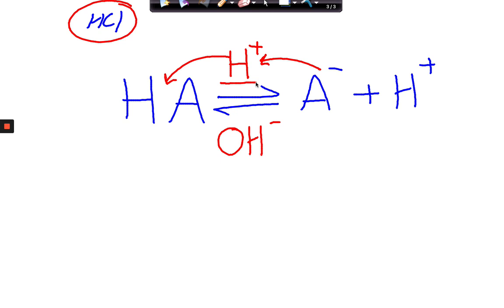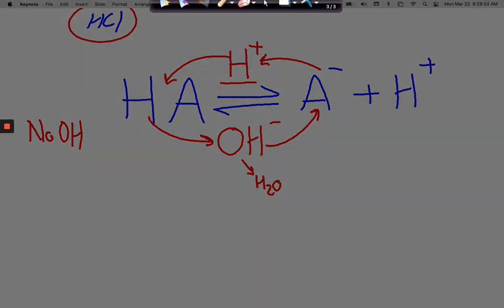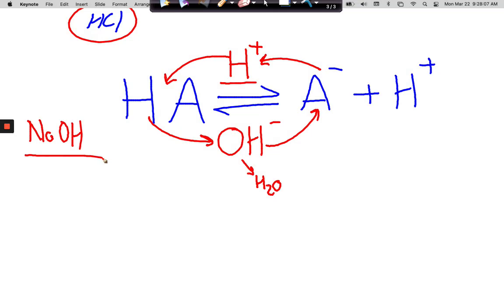Okay? So guys, what about the other one? If we add OH, who takes the bullet? The HA or the A minus? The HA. So this pulls off a hydrogen. If this is helpful for you, water gets kicked out the back end, and it's like this. But now we're talking about the addition of a strong base like sodium hydroxide, and this is strong. Whoa, what did I do? Did I hit pause again? No, I'm still going, right?